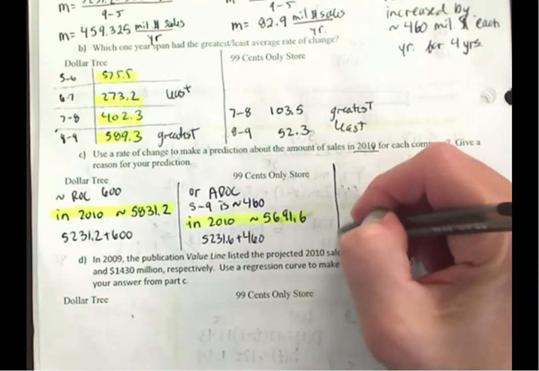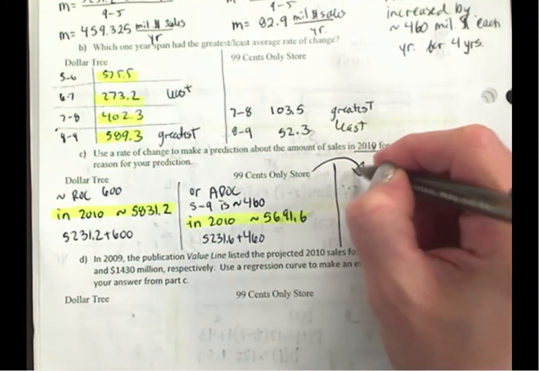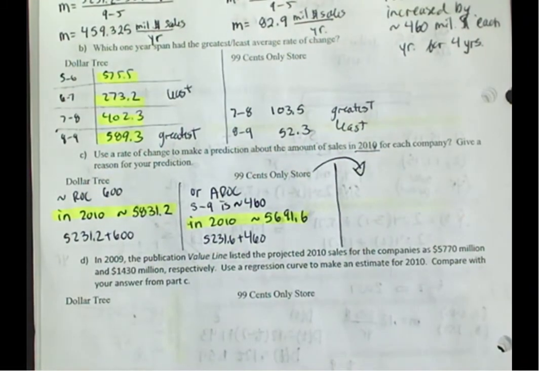Okay, pick one choice, guys, for the 99-cent store. Pick one choice. Look at your rates of change and make one estimate based on the slopes you see in the table.